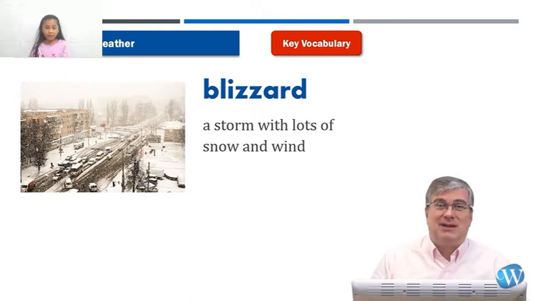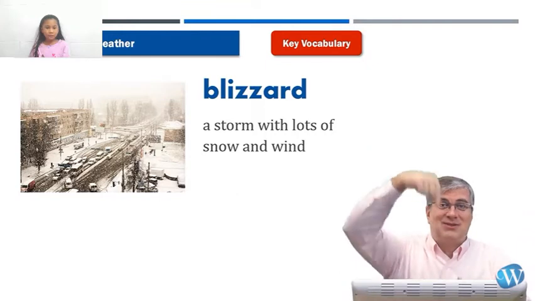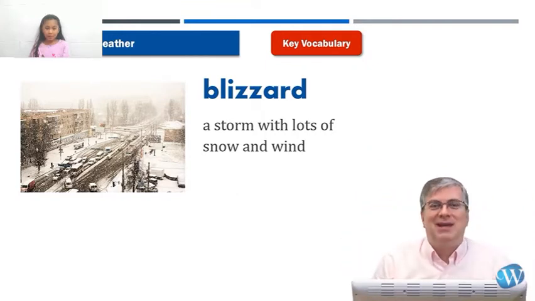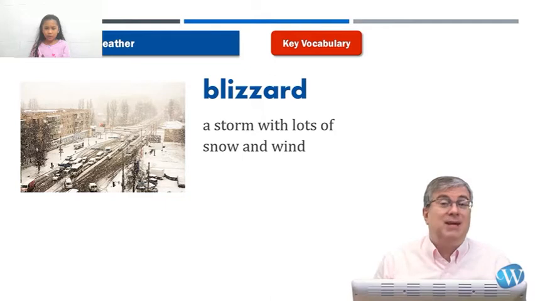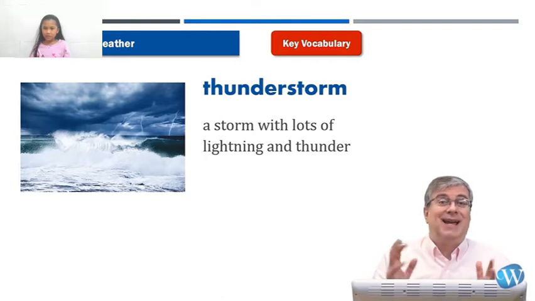They mix the air to make a kind of rain, right? But this rain is not falling from water, it's falling from snow. Well, with blizzards, when it's falling, it is very hard for you to see where you're going. Well, it's very dangerous, okay? And the next word we have here is thunderstorms.